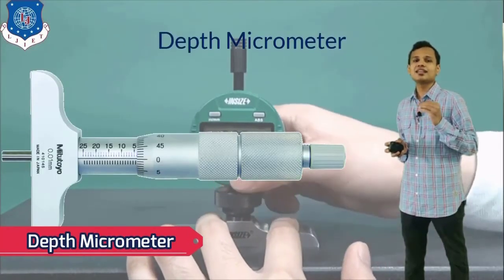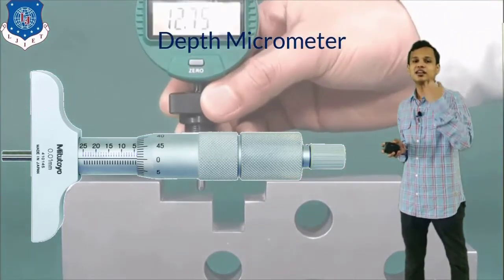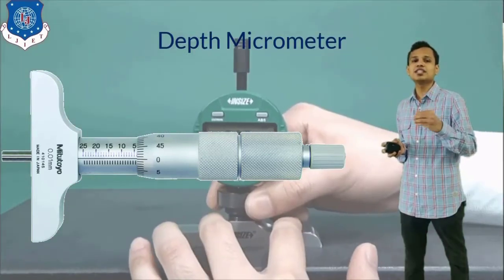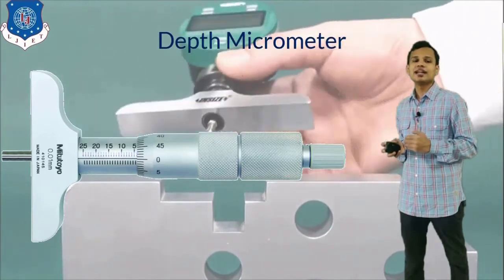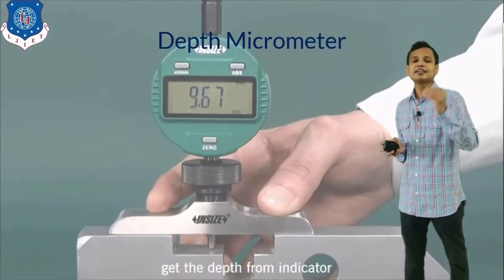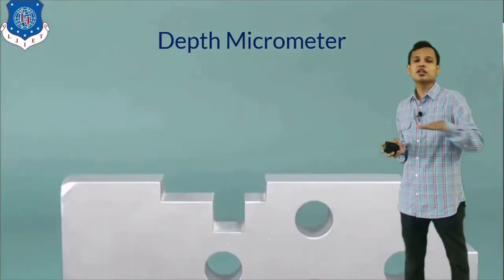The last thing that needs to be learned is the depth micrometer, right? It is another subtype of the micrometer. The depth micrometer can be used to measure the depth or the height of a component. In the background below, you can see that the depth micrometer is first zeroed on an even surface.